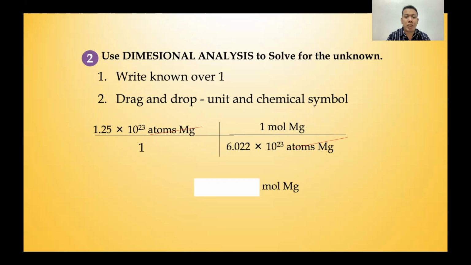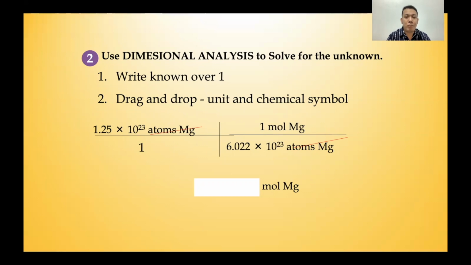Make sure that it is positioned at the bottom part, as we all know that the numerator can cancel out the denominator. That means one should be on top and the other one at the bottom, so that you can cancel the unit atoms of magnesium, because you are looking for moles of magnesium.